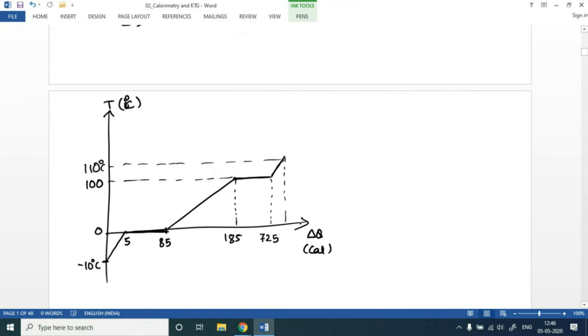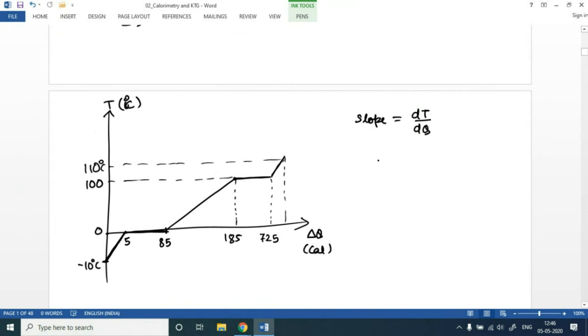And you should also realize the slope of any line over here which represents the change in temperature, the slope of line that you can see on this T versus Q graph, is nothing but dT by dQ over here.